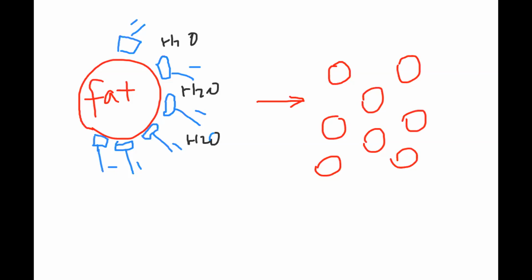Just tear this big drop of fat into smaller droplets, and then the lipase can work on these little droplets, chemically digest the fat. Lipase is from the pancreas, if you remember that.